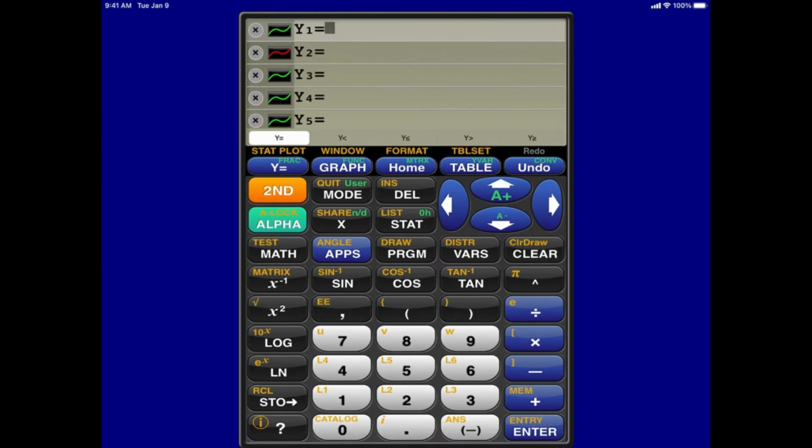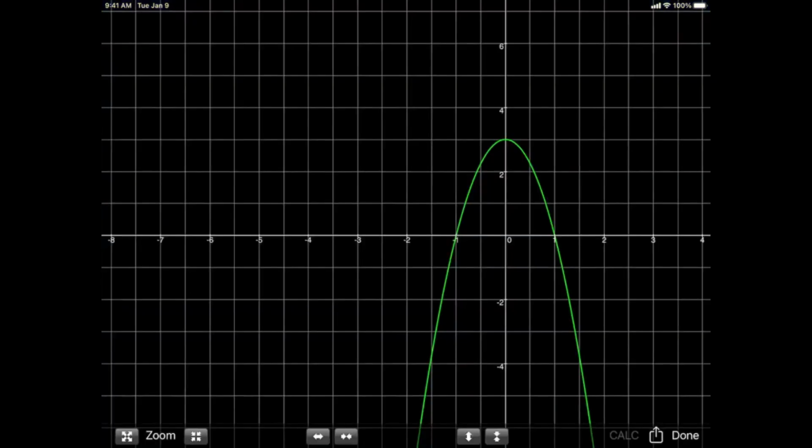I think it was negative, whoops, 3x squared plus 3. Okay, so let's just go to a graph first. Okay, so you can already tell, you don't even need a table of values, but you already know the answers are negative 1 and 1.